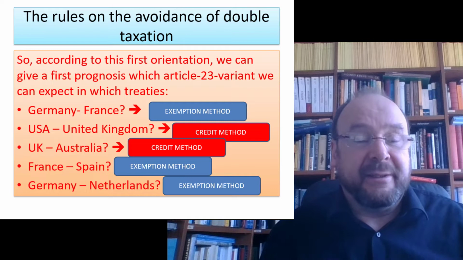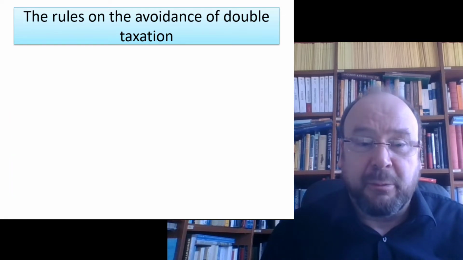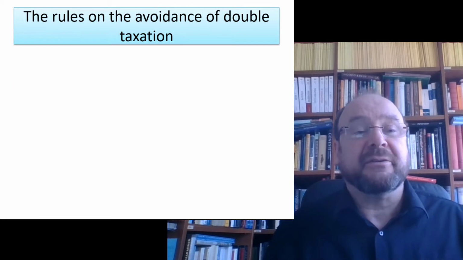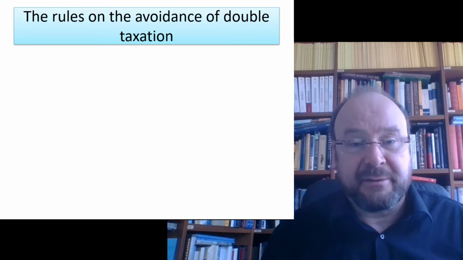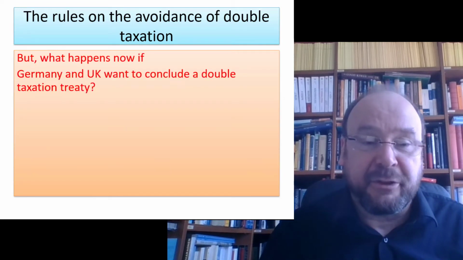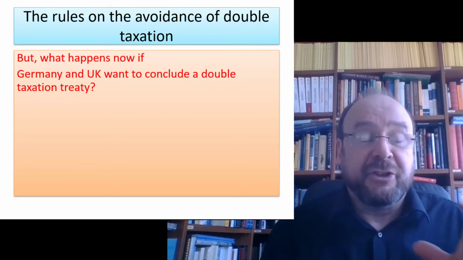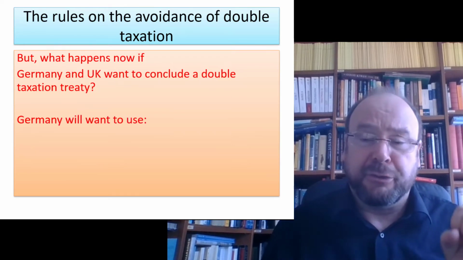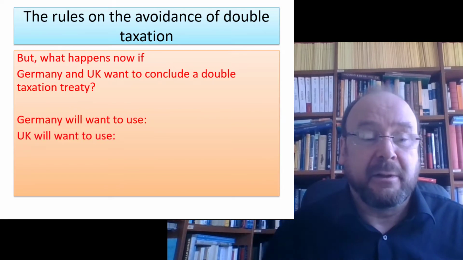So Germany clearly prefers exemption method. Now you have a problem when countries belonging to the two different groups try to make a treaty with each other. What happens then if, for example, Germany and the UK want to conclude a double taxation treaty? Germany says we want to use the exemption method.